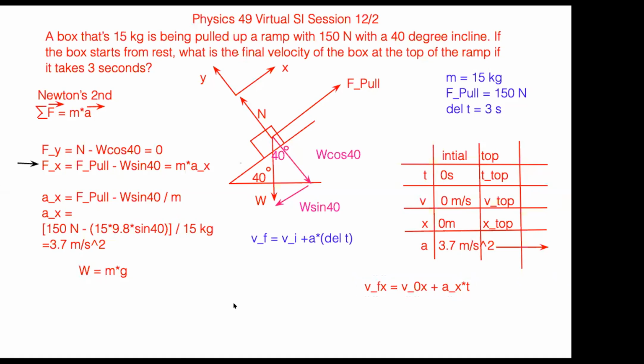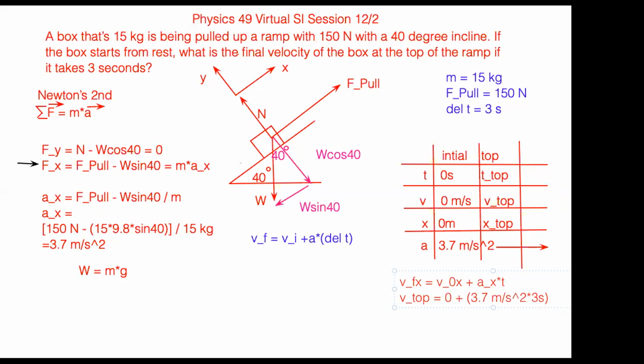And what we're trying to find is v_fx. We're trying to find v final, which in this case is v top, is equal to v initial, which is 0, plus 3.7 meters per second squared times time. And we see that this takes 3 seconds to reach the top.